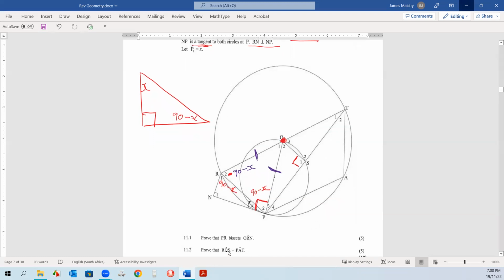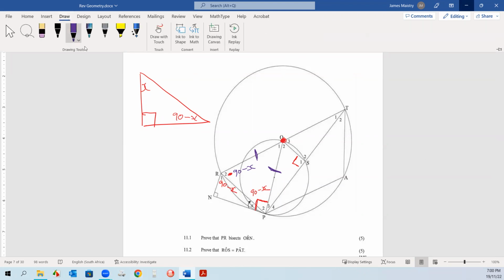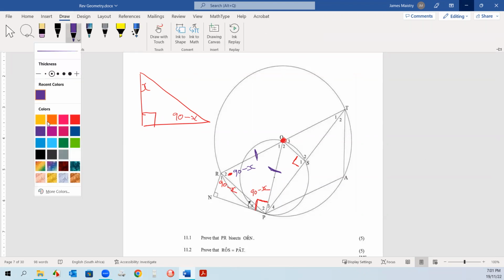Prove that ROS is equal to PAT. Okay, so let's mark it so that we know what is happening. I'm going to just use a color here.